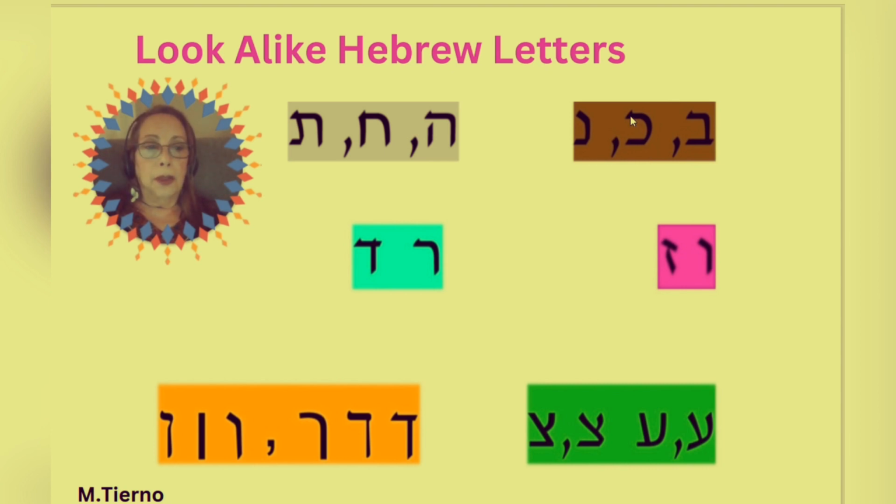The Chaf may look like this one, but as you can see, it's a little bit more round. And if you look at the Nun, it is much shorter than the Chaf. It's almost like half the size.